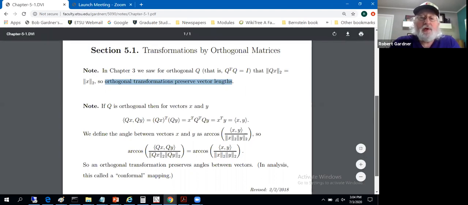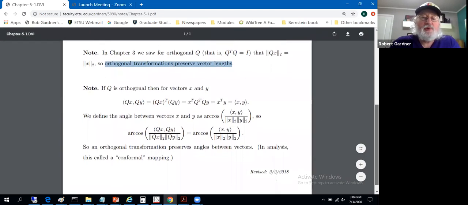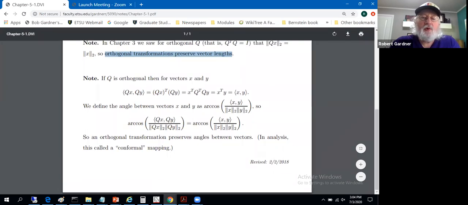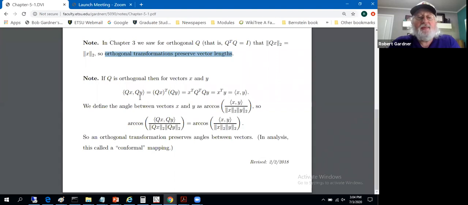Turns out lengths aren't the only things that are preserved. If we have an orthogonal matrix, angles are preserved as well. If Q is an orthogonal matrix and X and Y are vectors of appropriate size, take the inner product of Q times X with Q times Y. We can write that inner product as a matrix product by transposing the first vector.